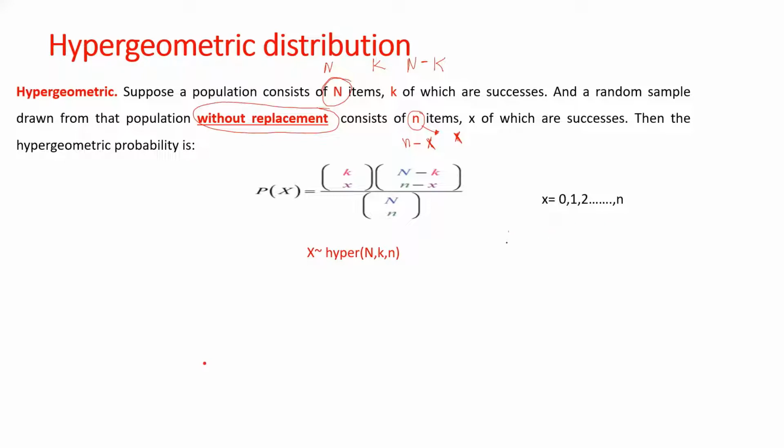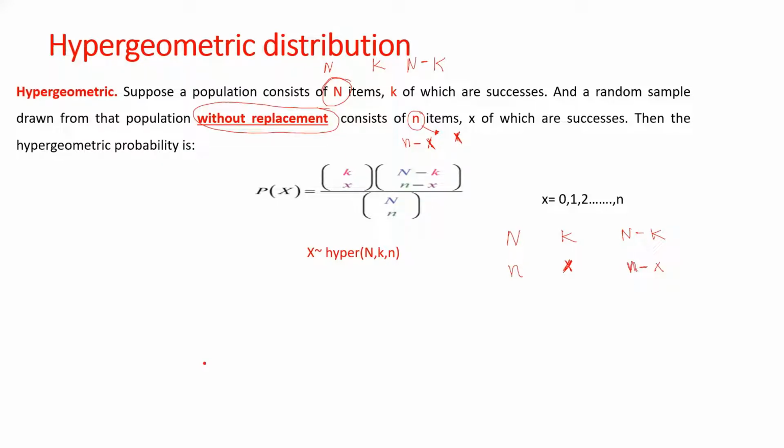Let's see, we divide our population into two parts. First part is K, second part is N minus K. Also our sample, we divide it into two parts. X is the number of successes and n minus x the number of not successes.